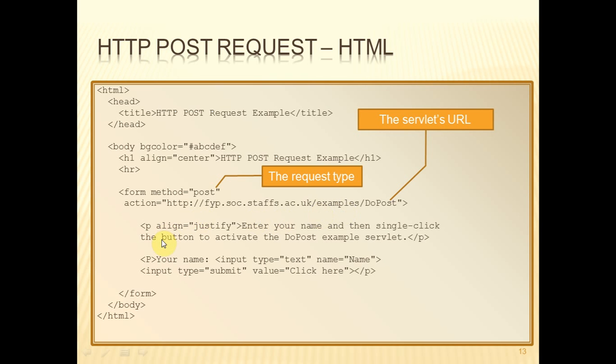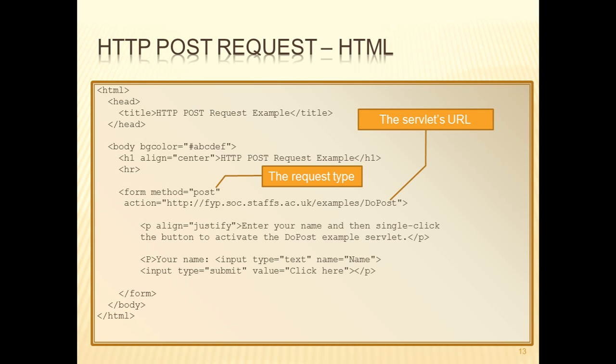Now with this example, we've got an extra input, which is your name. There's the text that tells the user what's to be input. And then here the input has a type equal to text, so it's going to be a text box. And the name of this text box is, perhaps I could have chosen a slightly better label for this, but it's called name with a capital N. So when this form is submitted, whatever the user has typed in the text box will be sent as a parameter on the request.